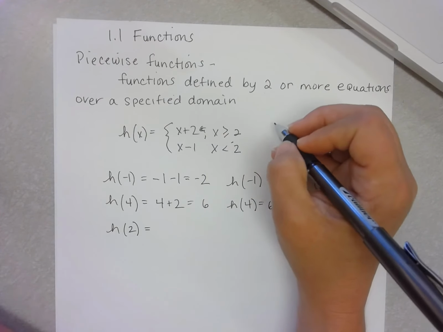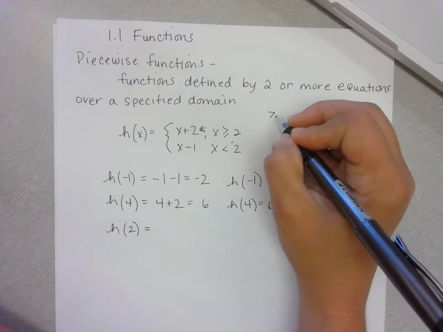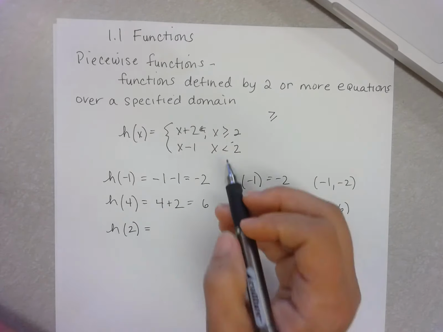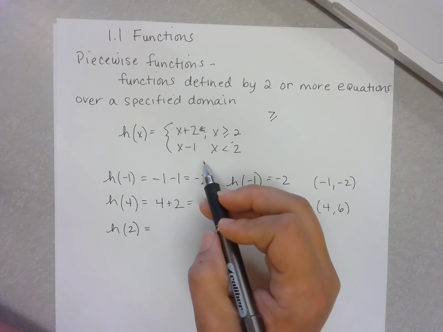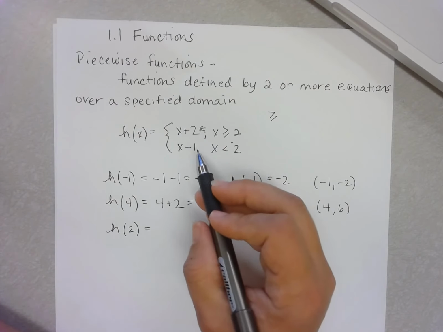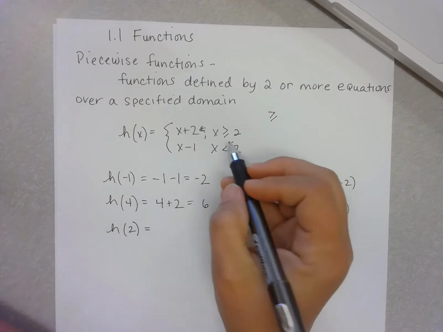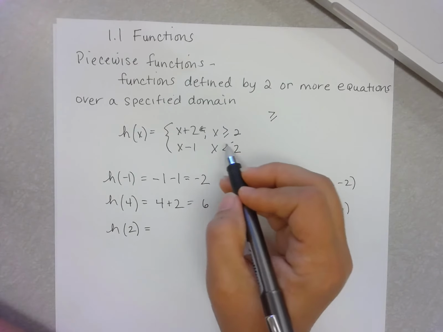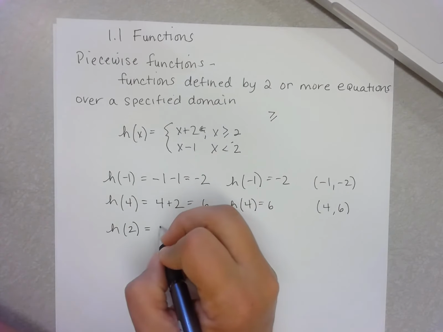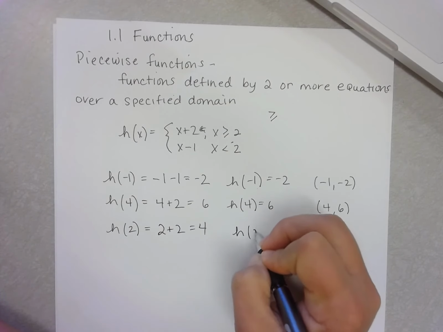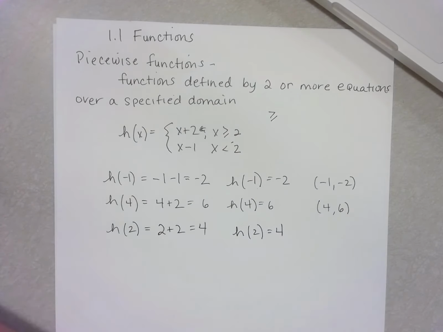We haven't talked a lot about inequalities yet, but the extra line underneath means that it's equal to 2 as well. This one is x strictly greater than 2, so that means everything just a tiny bit bigger than 2, but not actually 2. So when I evaluate h of 2, since this is where 2 is defined, I'm going to plug it in here. 2 plus 2 is equal to 4. That means h of 2 is 4.